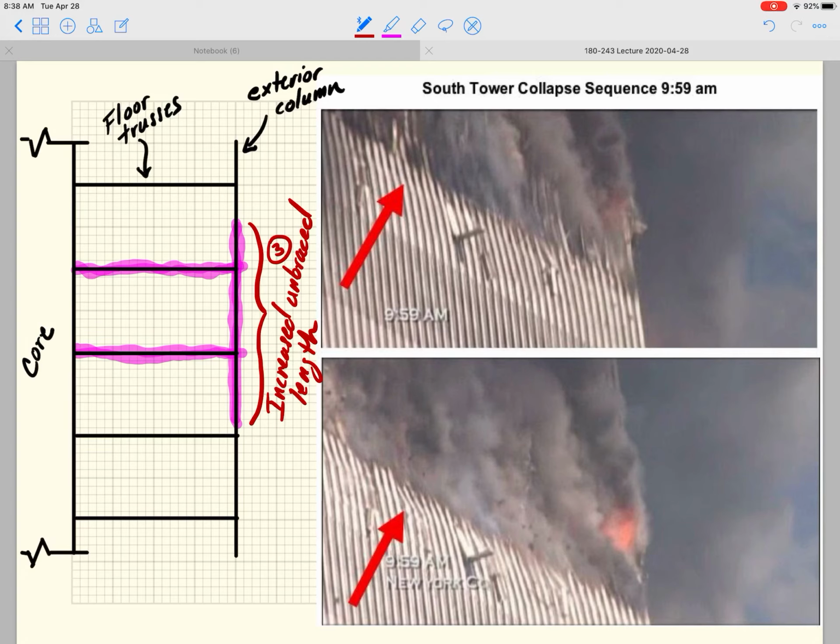One of the things we're going to derive very shortly here is the relationship between the unbraced length, right, and the buckling load. And it turns out that if you double the unbraced length, then you reduce the buckling capacity by a factor of 4. Right? So it's not just linearly related to that. Right? It's a lot more than just linearly related.